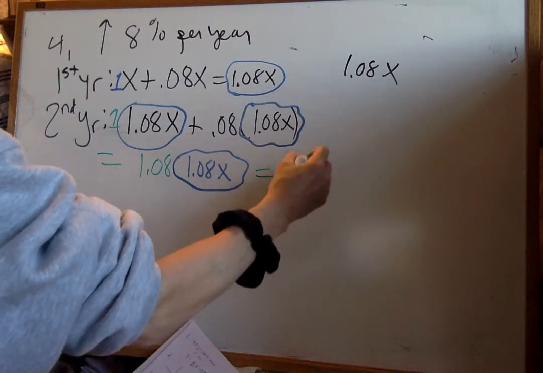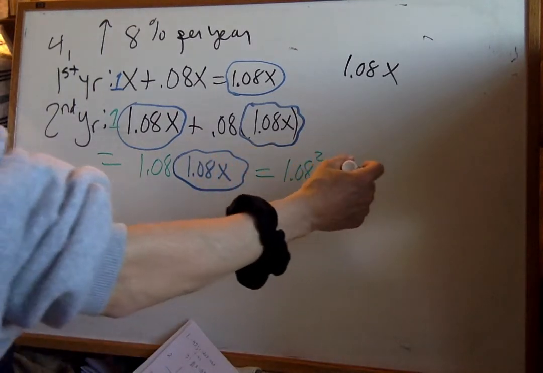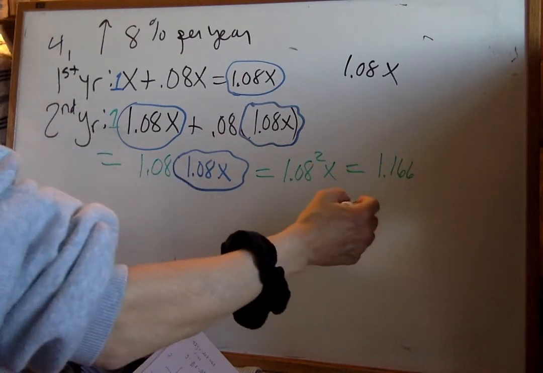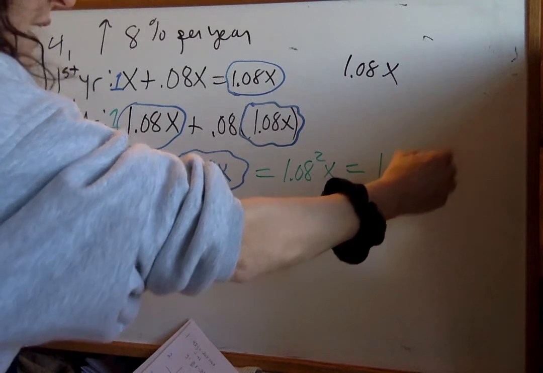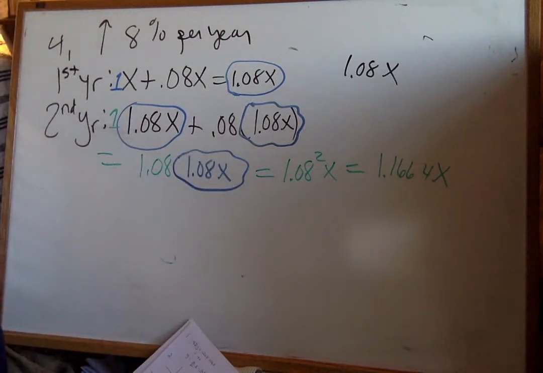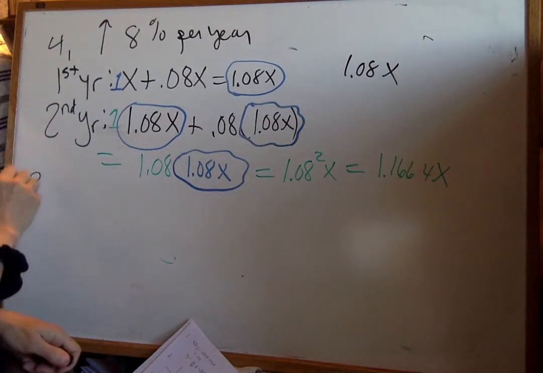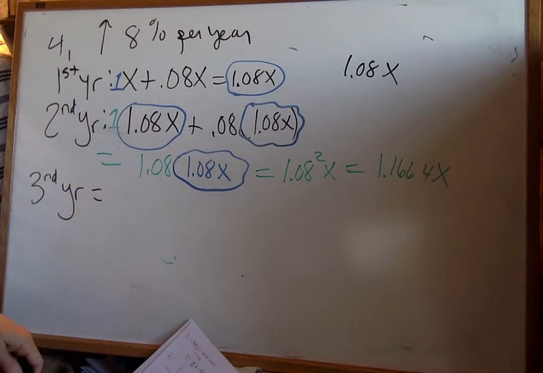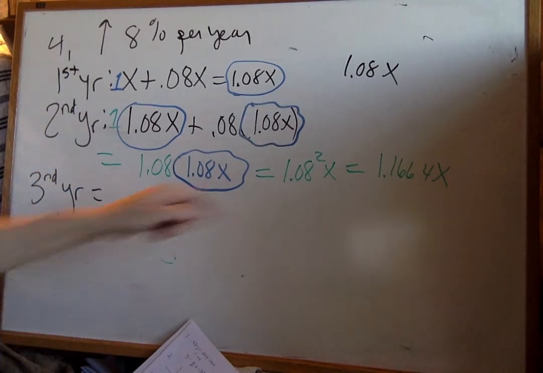This is 1.08 squared x. If you really want to know what the number is, it's 1.1664x. So I'm just trying to show it in quite a few different ways. Let's keep going, because after a couple more, you really will see the pattern. Okay, we're going to grow 8% again. Of what? Of this guy now, right?